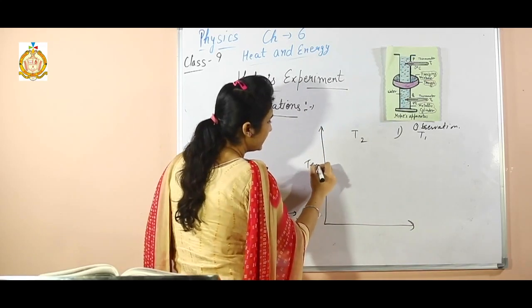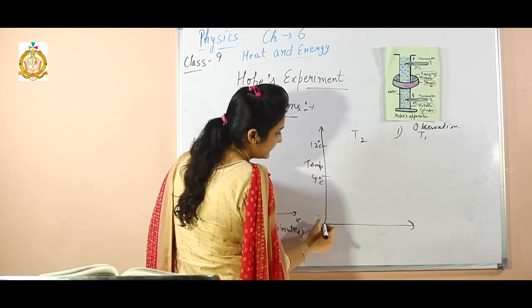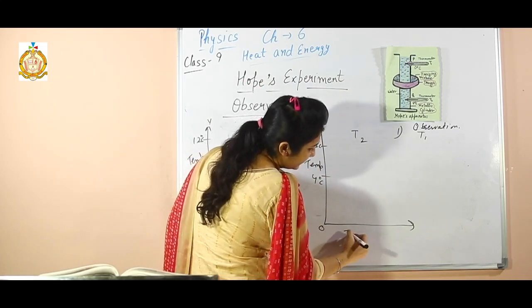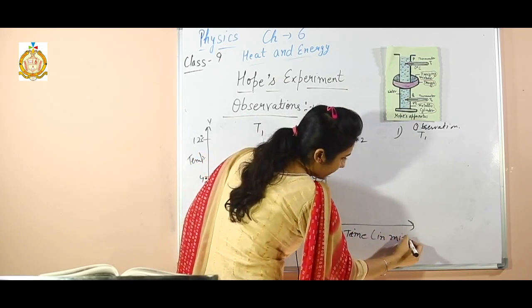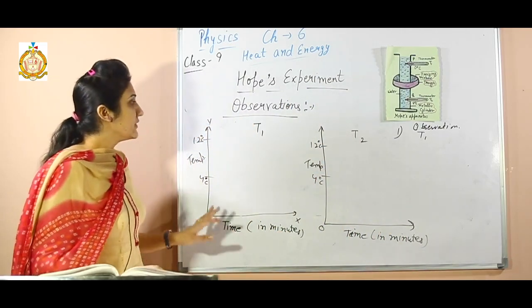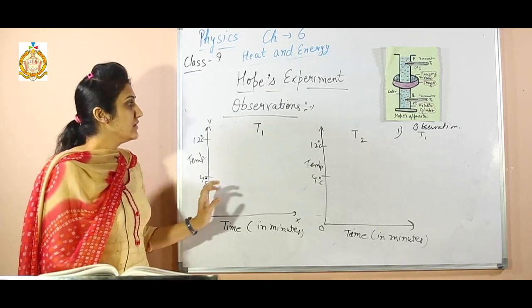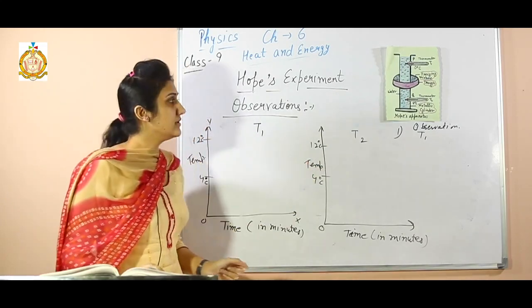Here is again temperature 12 degrees Celsius, 4 degrees Celsius, 0 degrees Celsius and time here. So we can draw the graphs for the thermometers T1 and T2.